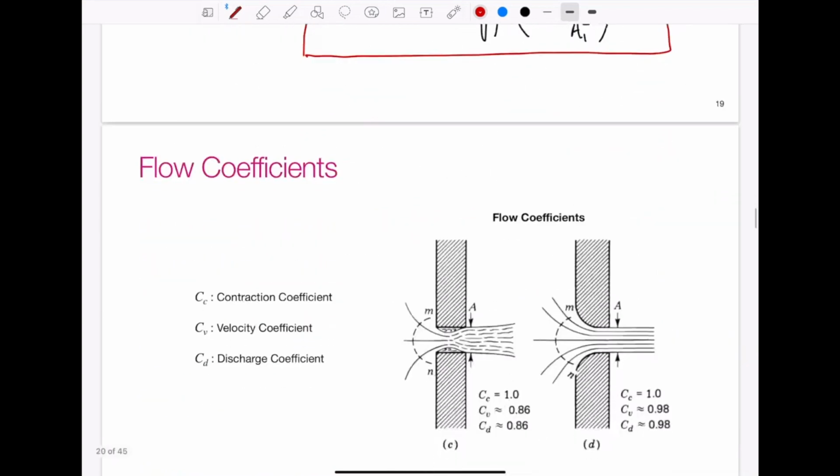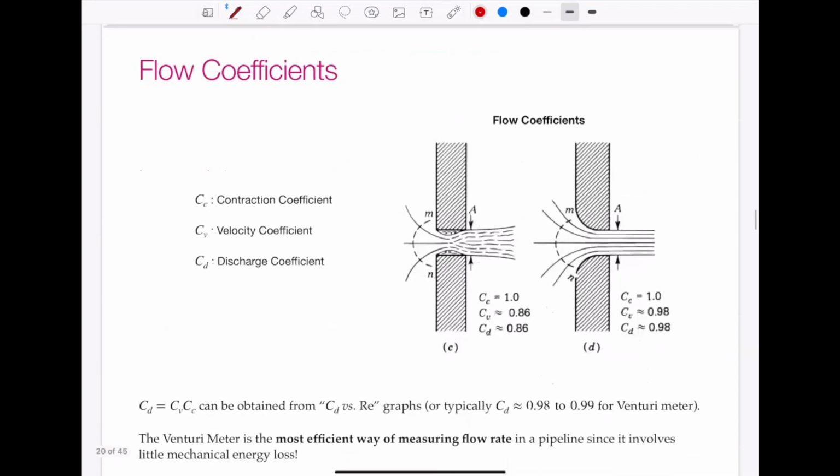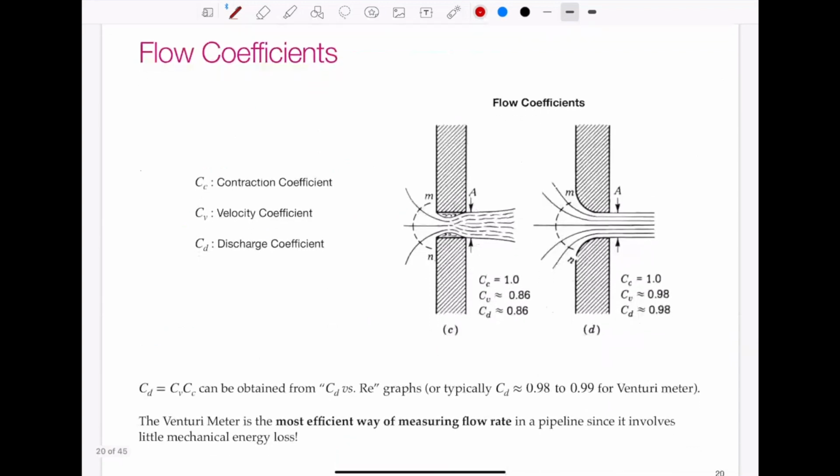So for many flow devices, there are several flow coefficients that define the difference in the flow from an ideal flow to the actual flow. We just talked about the discharge coefficient, and the discharge coefficient is actually a combination of two other coefficients, the contraction coefficient and the velocity coefficient.